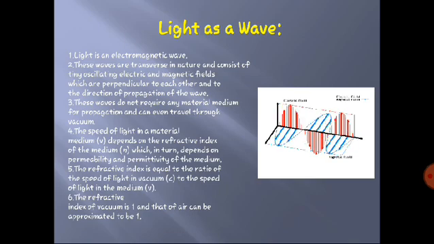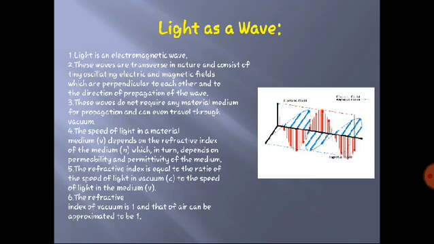So light also behaves like that, and you can see all the nature inside the GIF. The waves do not require any material medium to propagate and can travel through vacuum also. This is the main ideal property of electromagnetic waves, that they do not require any specific medium. They can travel through vacuum as well.